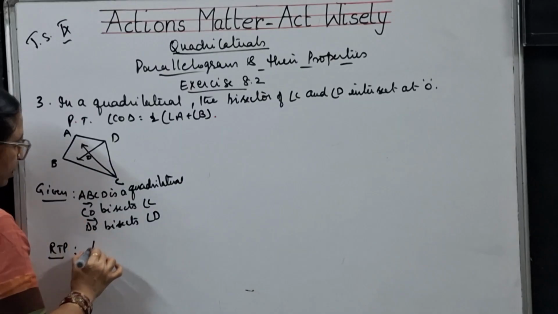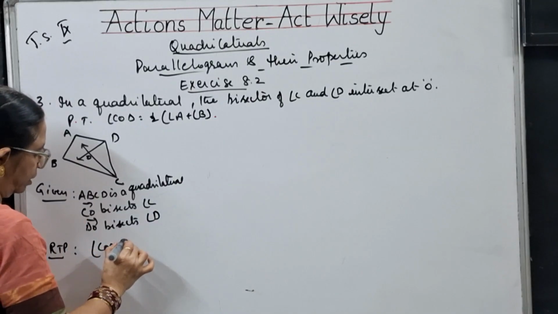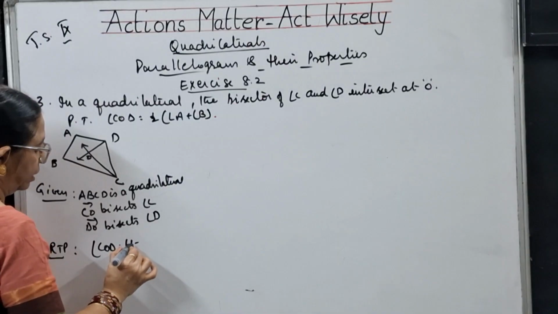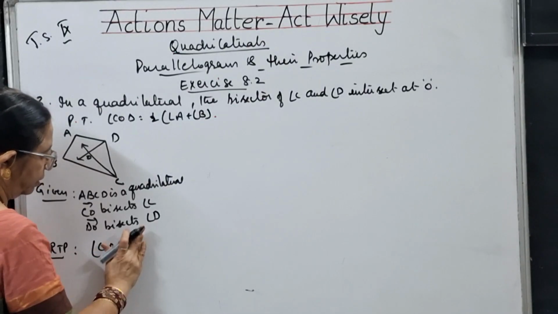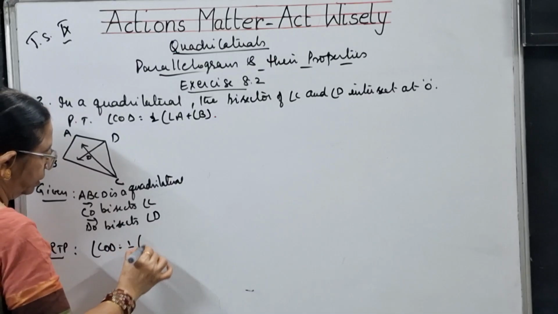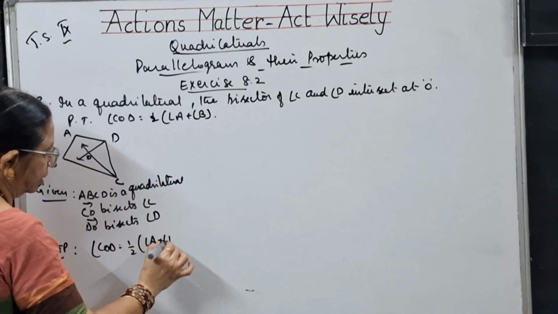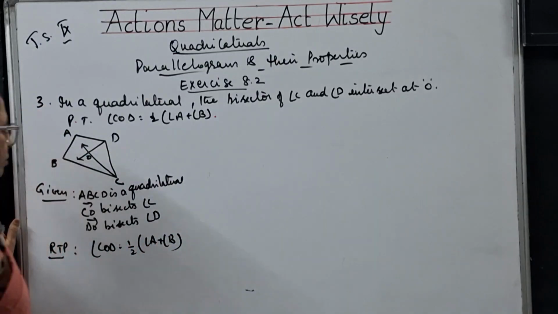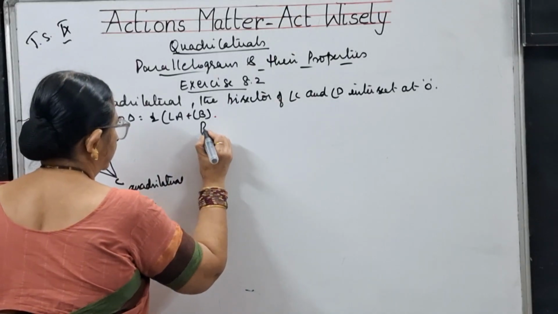We need to prove that angle COD is equal to half of angle A plus angle B. This we need to prove. So let us see the proof.